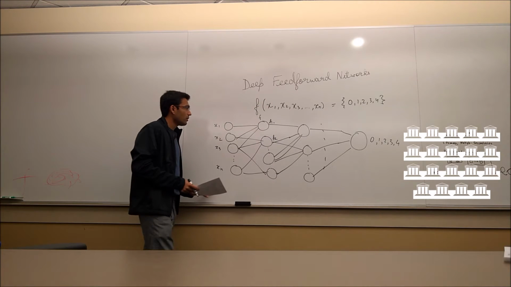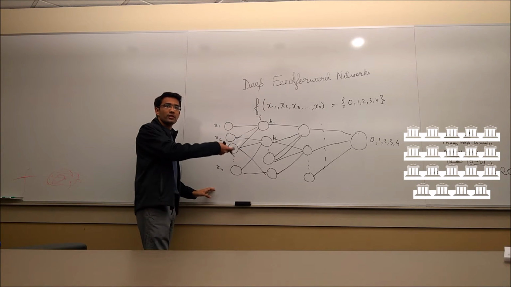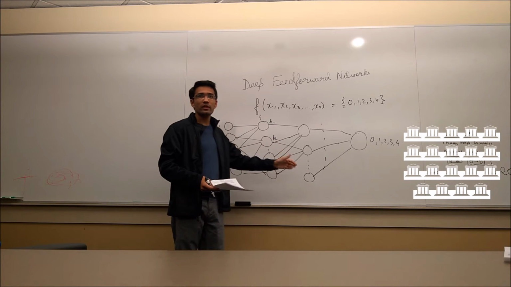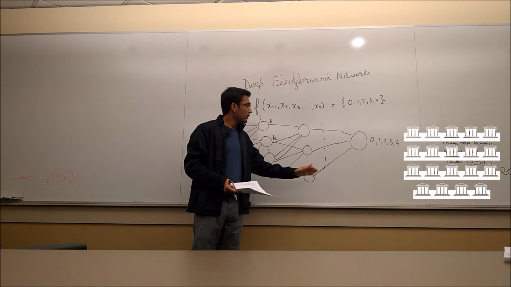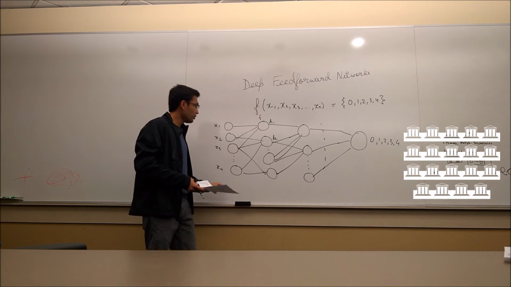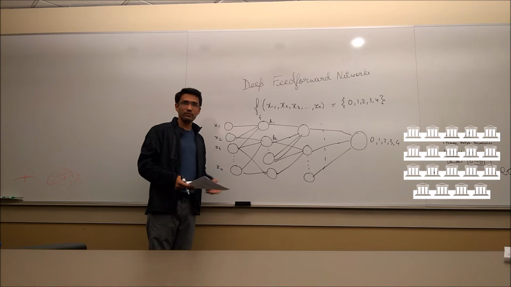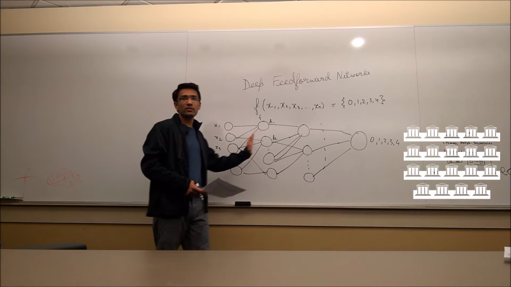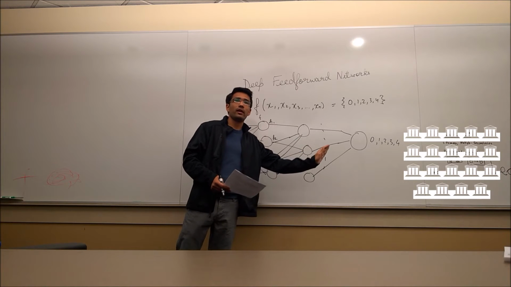So one curious thing that you would notice here is that the outputs of one layer go in as inputs to the next layer. The outputs of a particular layer is never input to a layer behind it. So in that sense, the data is always moving in a forward direction.